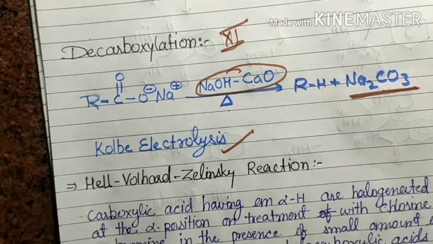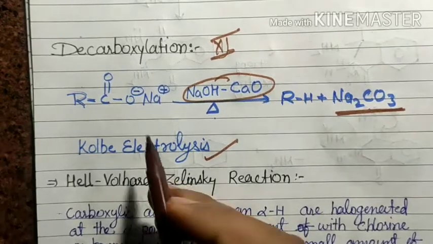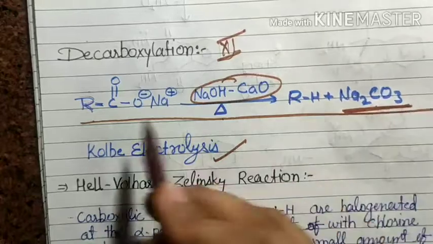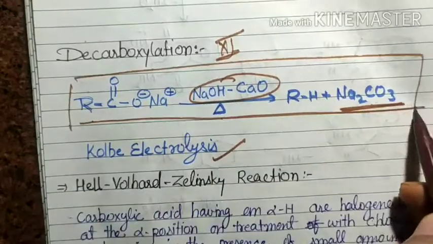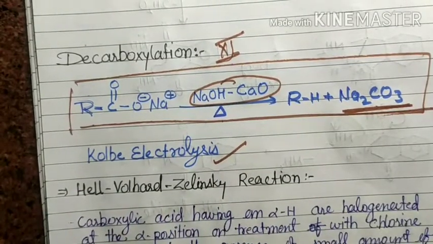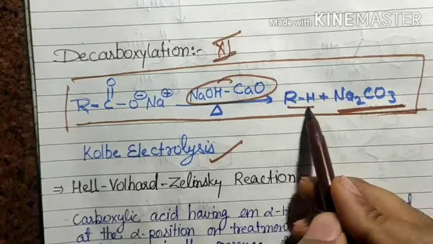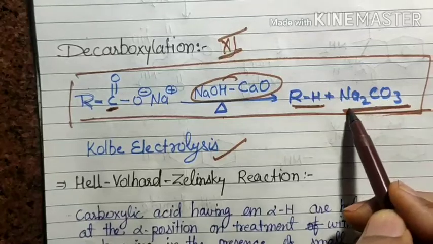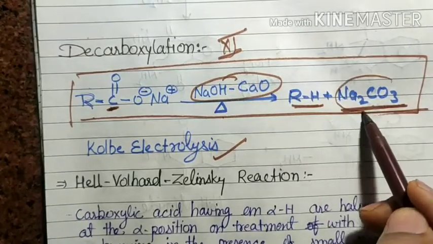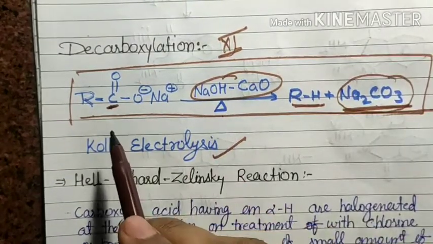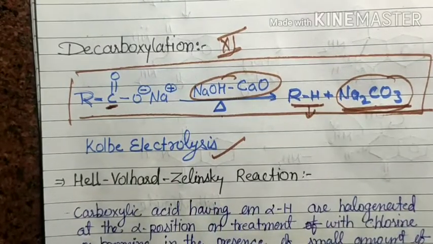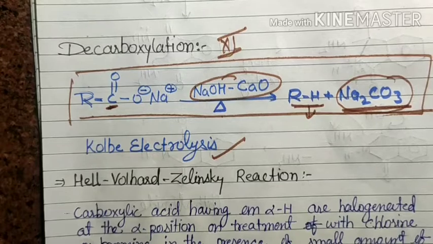So you know about this from class 11, and you may check there. This reaction is very important in conversions because it gives a product having one less carbon, because this carbon is removed as carbon dioxide and makes Na2CO3. So it is important to recall the decarboxylation reaction for conversion purposes.